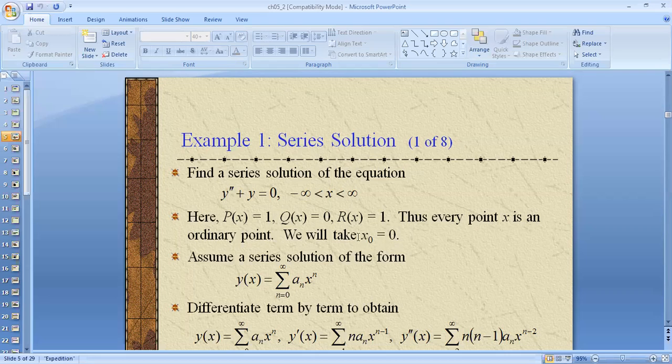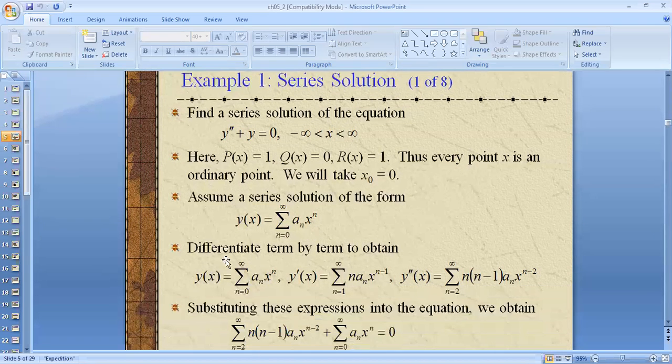Now we'll take x naught equals 0, assuming the series solution of the form y of x equals the summation, n equals 0 to infinity, of a n x to the power n, where x naught equals 0. Now differentiating term by term, we obtain y of x equals this summation. And y dash of x means the first differentiation: summation n equals 1 to infinity of n a n x to the power n minus 1.